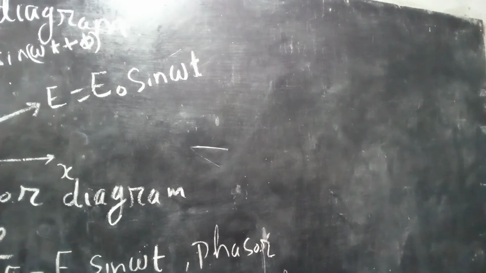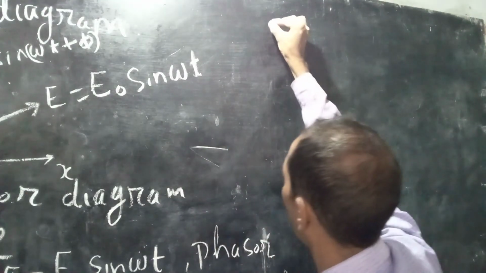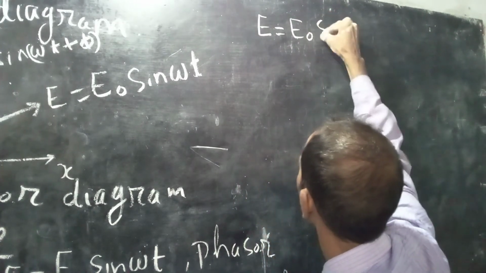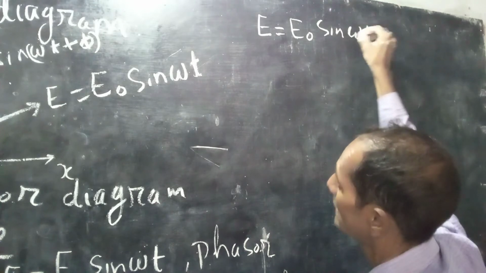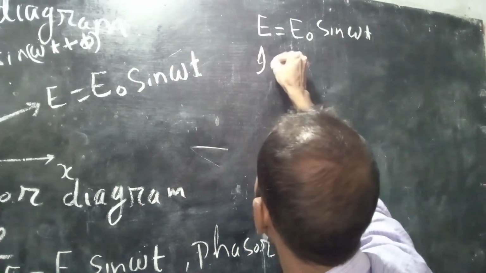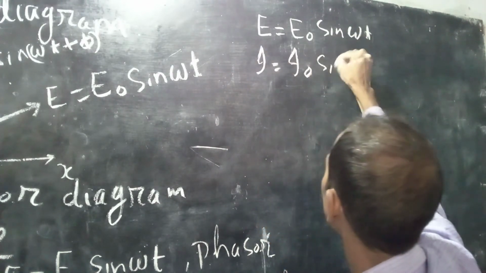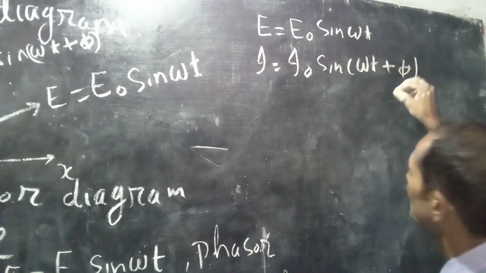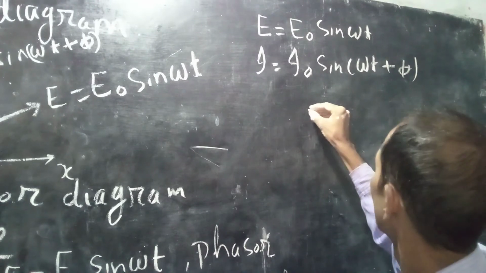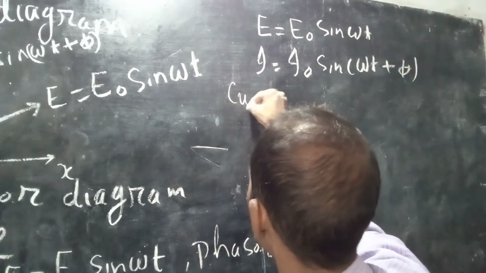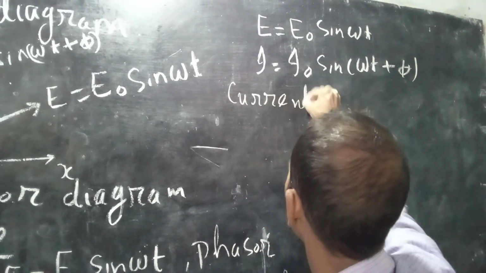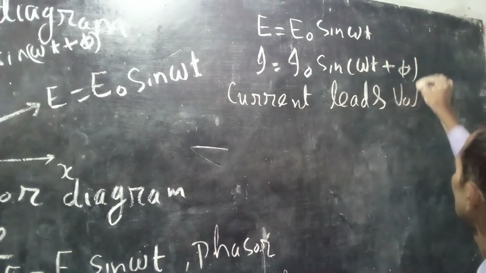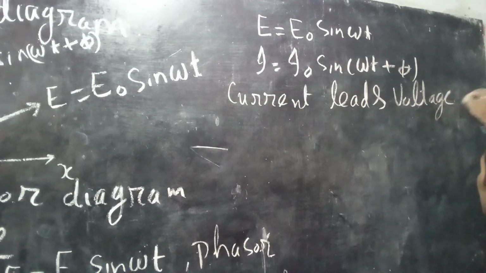If alternating voltage at any moment t is E0 sin omega t and current is I0 sin(omega t plus phi), then we say that current leads voltage by phase angle phi.